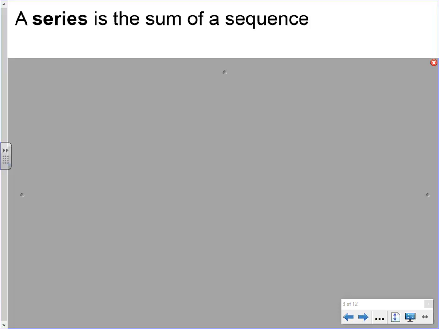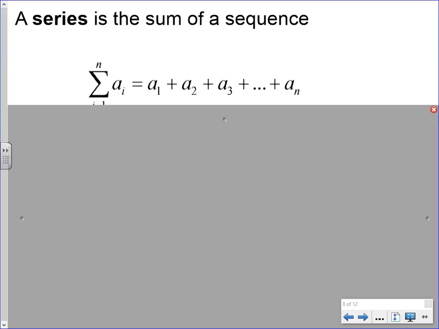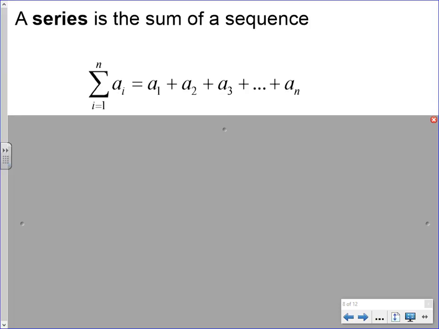Right, Henry? This is called a sigma. It means sum it up. Okay, this is I equals 1, this is A sub I, and this is N.